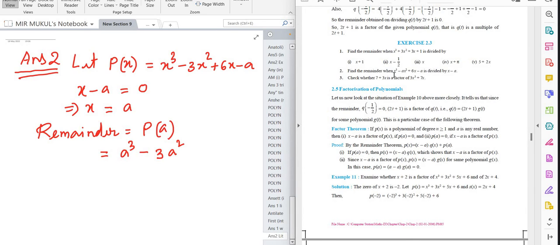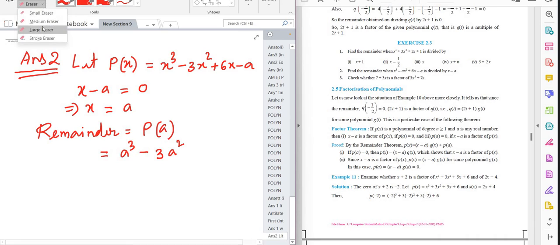Just check it. x cube minus ax square. Sorry, here not 3, it is a. So correct it. It is a only. Minus ax square plus 6x minus a. Okay, correct.